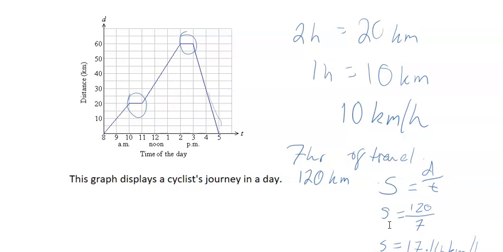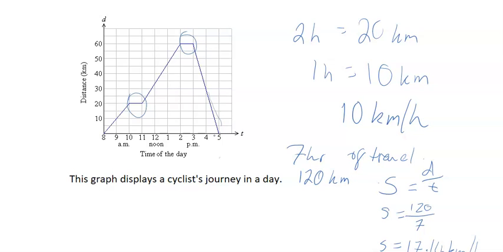Now, another question could be very much like interpreting the graph. So give a possible reason why it took this cyclist so much longer to go away from home and so much faster to get home again. I mean, it took all these hours to cover the 60 kilometers and a rest, and then in the afternoon, 2 hours. So suggest a possible reason for this.